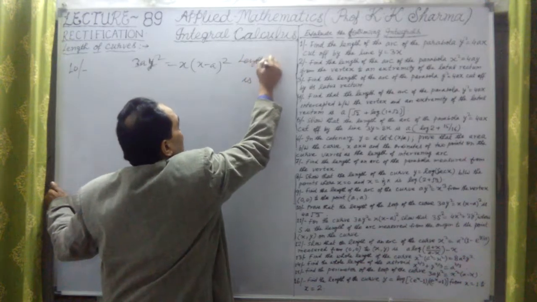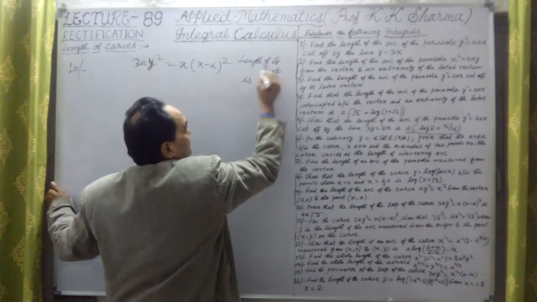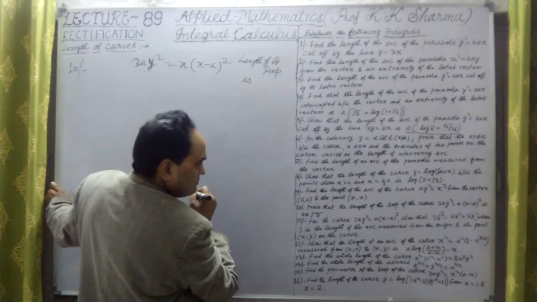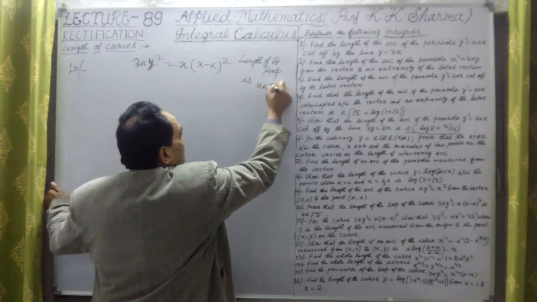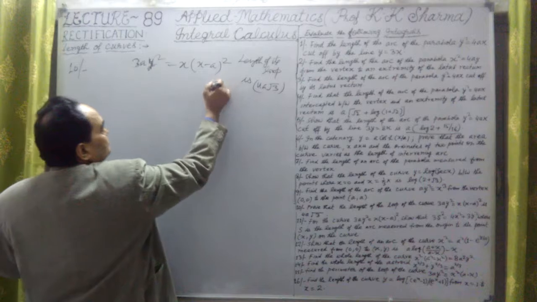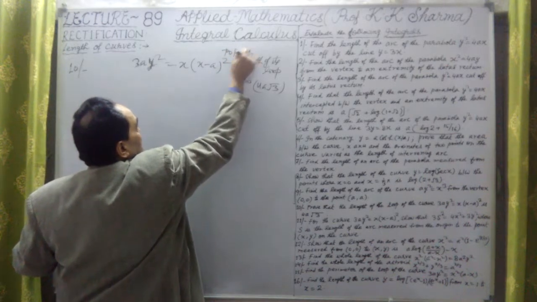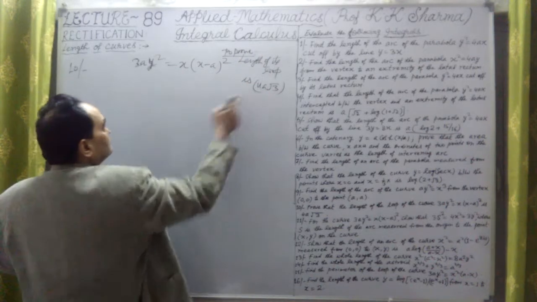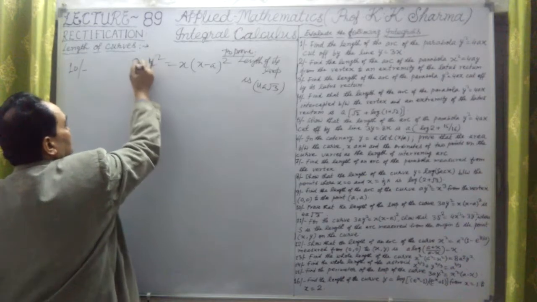With that we have to prove that the length of its loop is 4a root 3. This we have to prove.